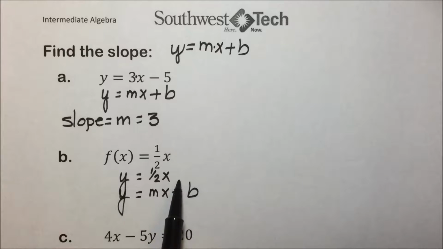There's nothing being added on here. This would determine our y-intercept, but we're only interested in these problems of identifying the slope, and as long as y is by itself, we can pull off the coefficient of the x term to answer the question. So we end up with slope is equal to 1/2.